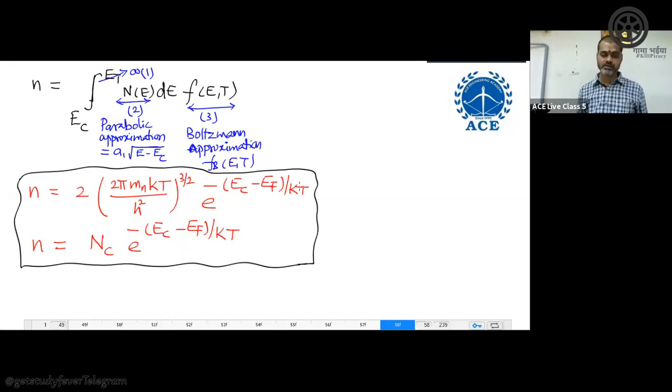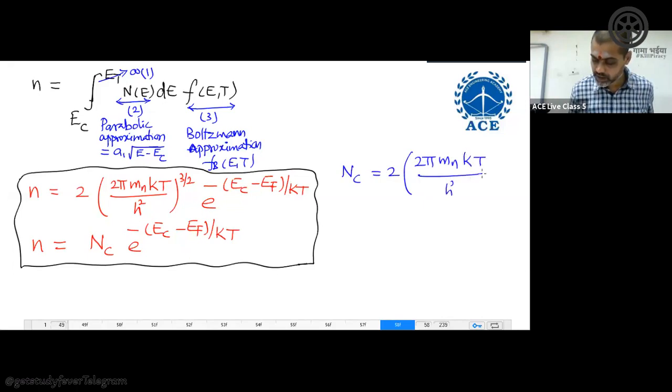Now what is this Nc here? Nc is equal to 2 times (2 pi mn kT divided by h square) whole power 3 by 2. Whatever name we are giving, you need to be very careful and must understand it.